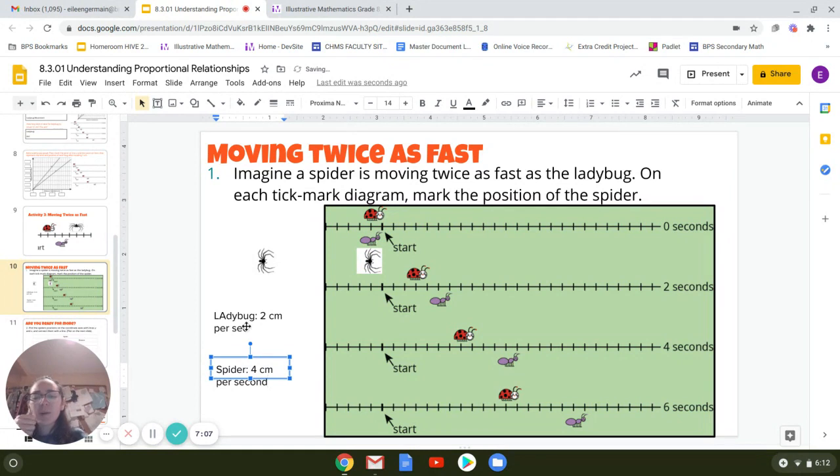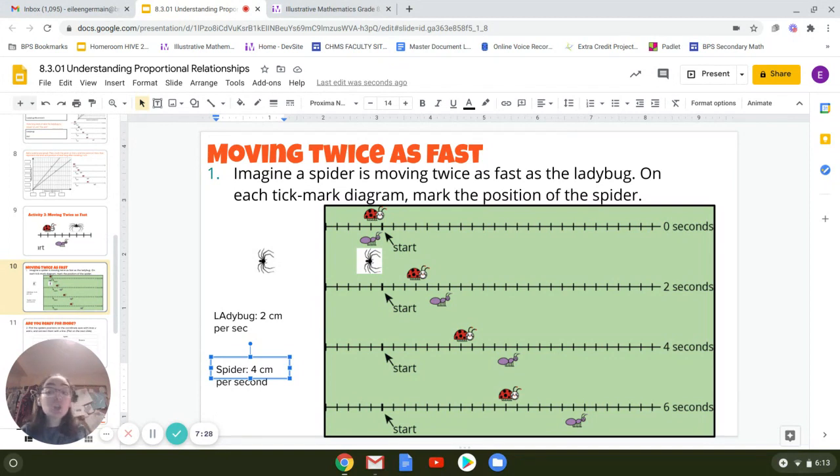Ooh, but S-E-C-O-N-D, right? But I'm looking at these tick diagrams. These go 2 seconds. So if I know I go 4 centimeters per second, but I need to figure out how far I go in 2 seconds, I would have to multiply that distance of 4 by 2.